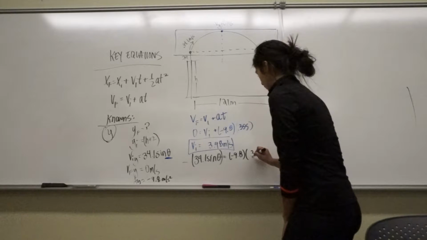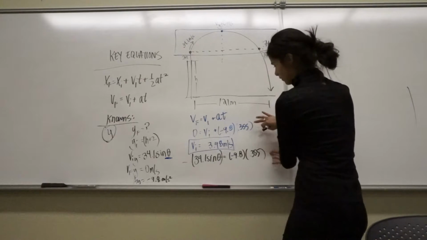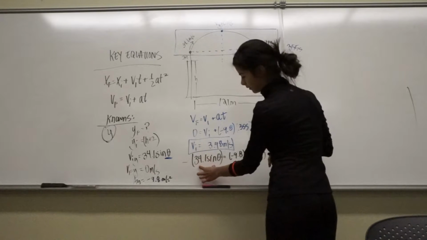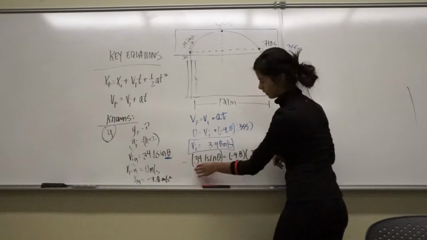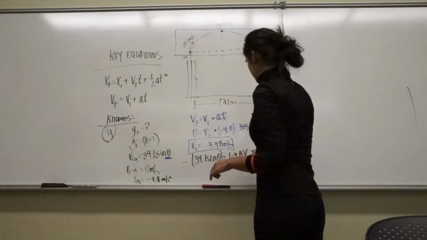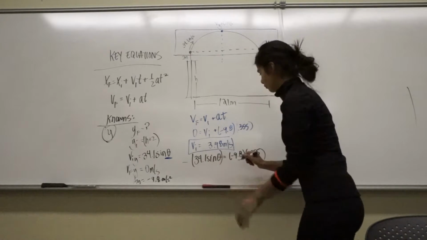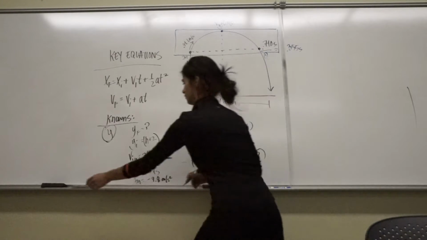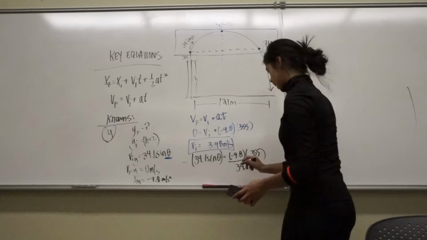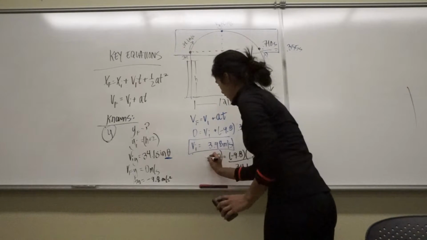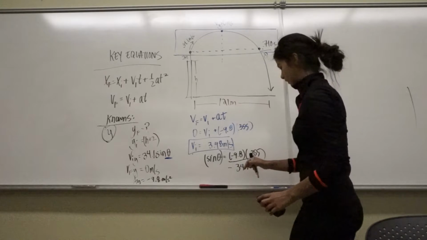So I'm basically just rewriting this. These two are the exact same thing, but instead of writing v_i, I'm writing down this value here. Okay, so I'm going to divide this side by 34.1, right? And now that they're both negative, it's positive now.